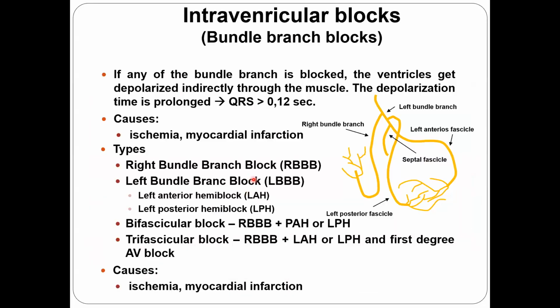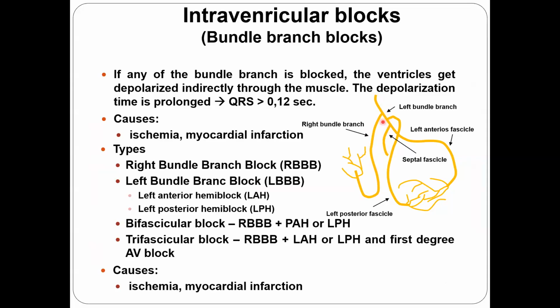Now, the next big chunk of these conduction abnormalities is the bundle branch blocks. A lot of the time you will face these bundle branch blocks. And of course, you know the bundles anatomically: going from the bundle of His, very early it has fascicles, such as a right branch, and we have another one that is the septal fascicle.